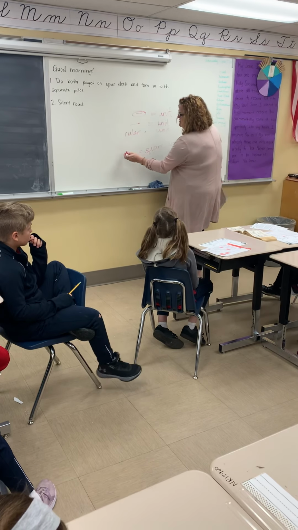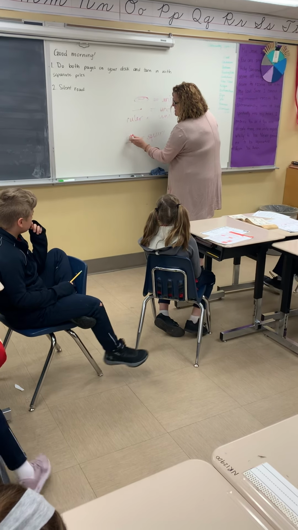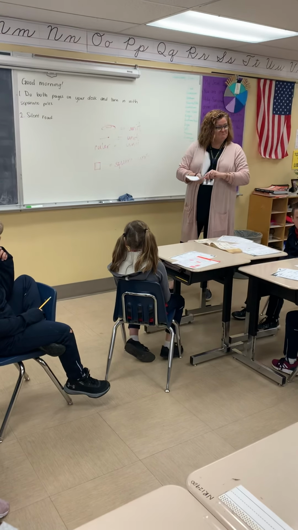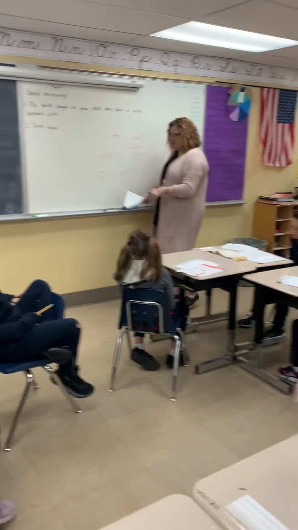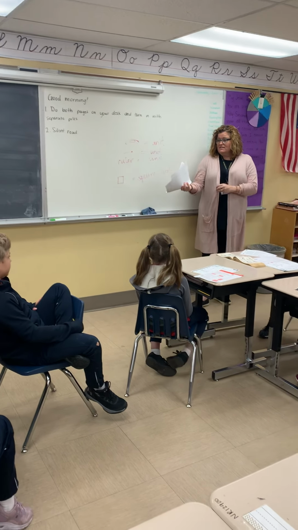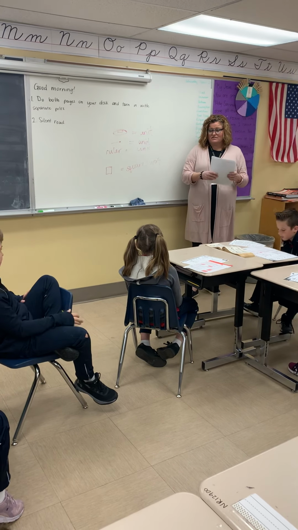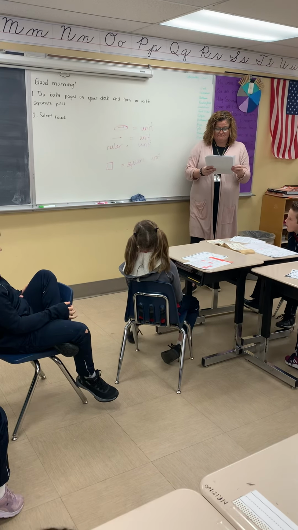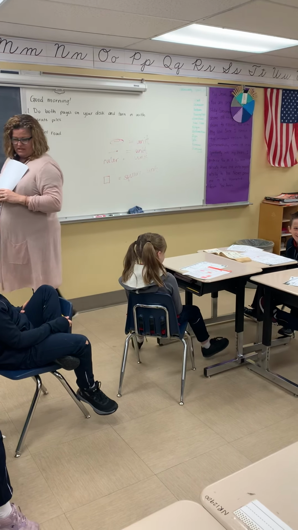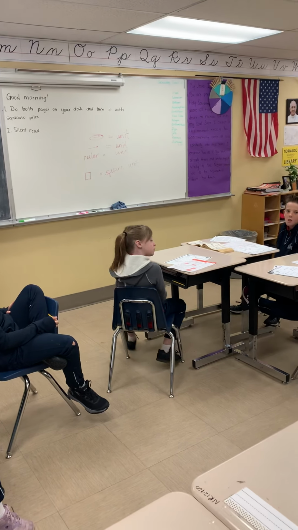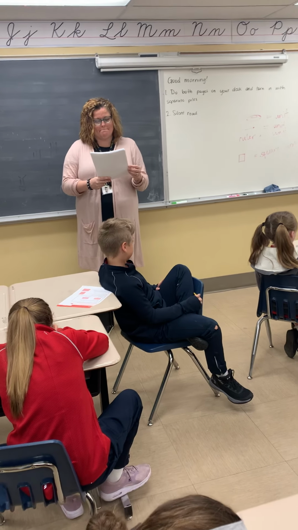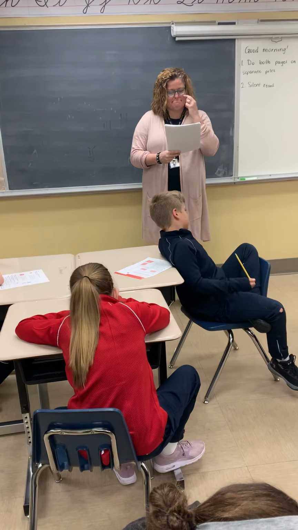Can square units be different sizes? Absolutely. They could be centimeters, feet, miles. Okay, you can have square miles, right? You could have acres. There's lots of different things that you could measure in.